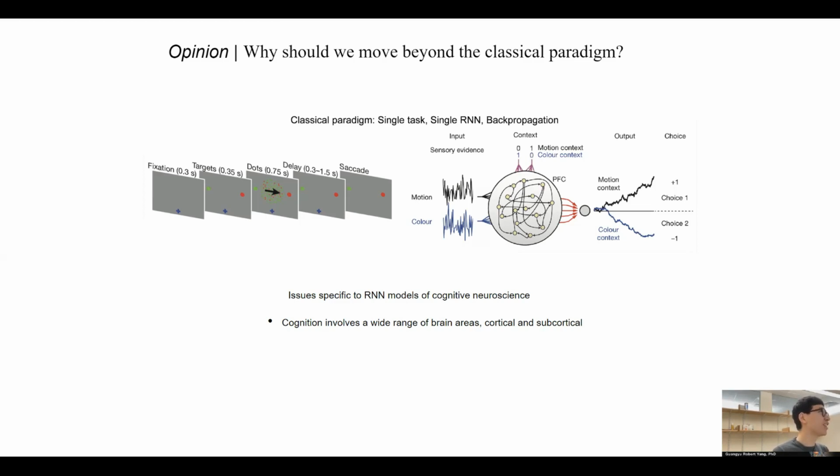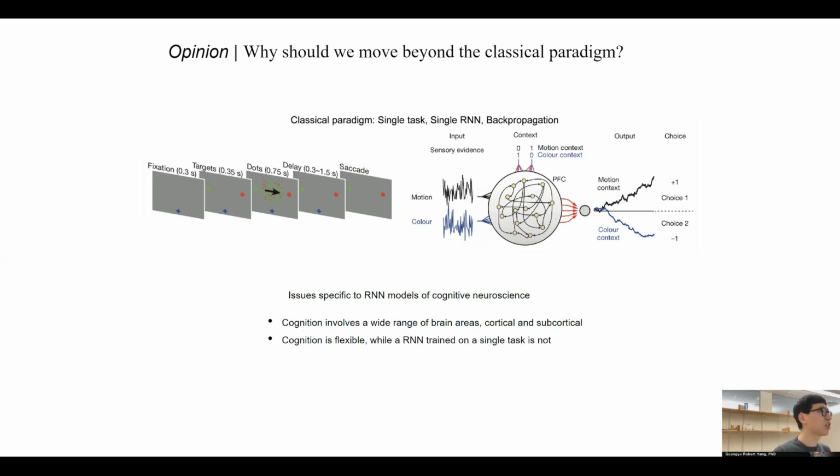People have shown that usually for decision making, there's widespread computation across the brain, both in cortical and subcortical areas that are involved in any cognitive task. So when we use a single recurrent network here, that's clearly not sufficient to capture the diverse responses across these many brain regions.